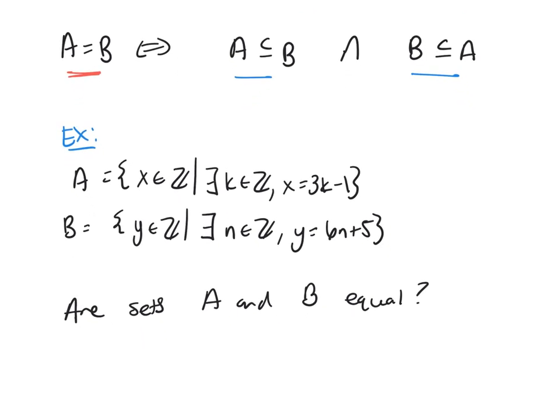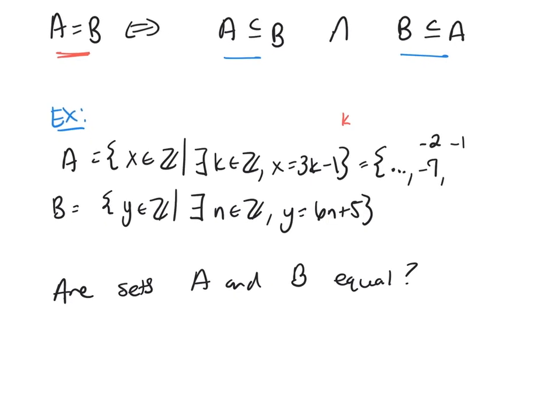Well, it might help if we write out some of the elements in these sets. So let's start with A. What I'm going to do is pick values for K, and that will give me elements in my set. Now these are infinite sets, so I'm not going to be able to write down all the elements. Let's say I plug in -2 for K. And that'll give me my first element of A. So if I plug in -2 for K, you'll get -7 for X. If I plug in -1 for K, what will I get?